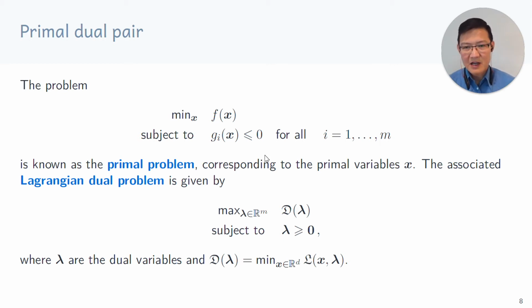The Lagrangian dual is given by the maximization over lambda for this function d, where d is essentially the Lagrangian. Okay. Now, one thing that we need to do to make sure that the problem is well posed is to constrain that the Lagrange multipliers are positive. Okay. So that's the dual optimization problem.